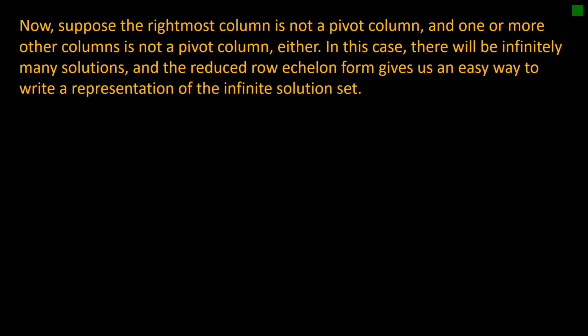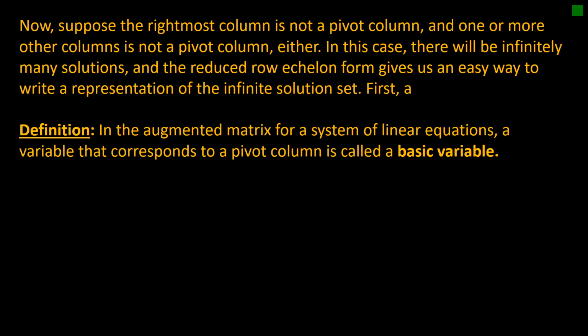All right. Now suppose the rightmost column is not a pivot column and one or more other columns is not a pivot column either. In this case, it'll turn out that there will be infinitely many solutions, and the reduced row echelon form gives us an easy way to write a representation of that infinite solution set. So in order to see this, we need a definition.